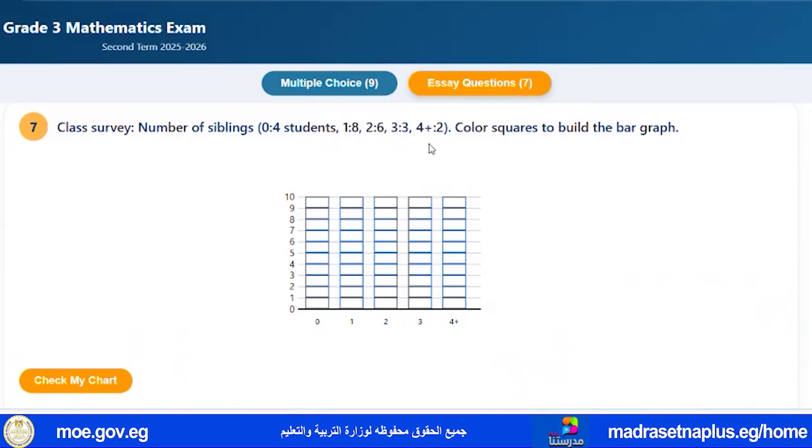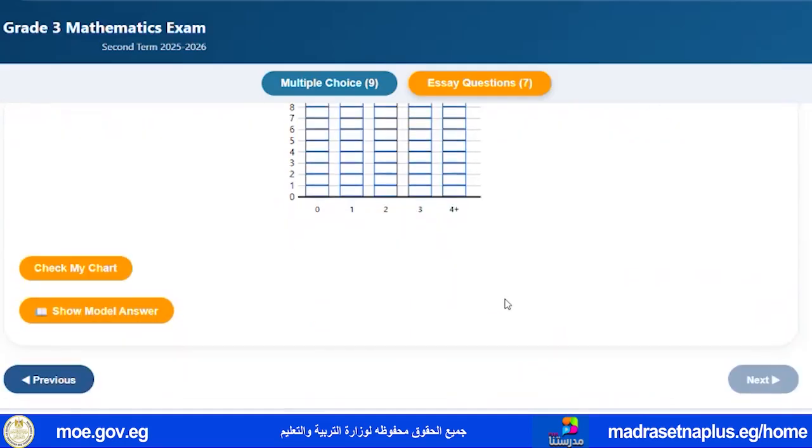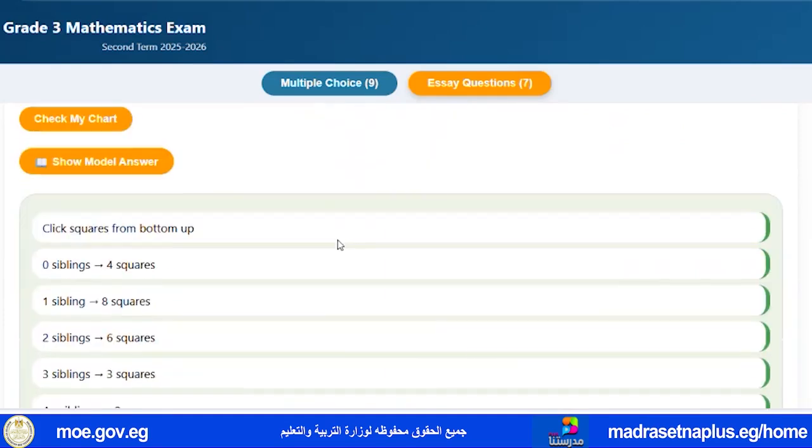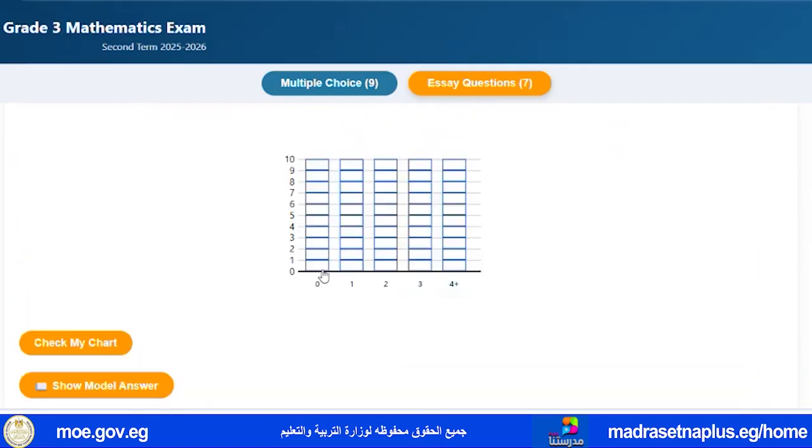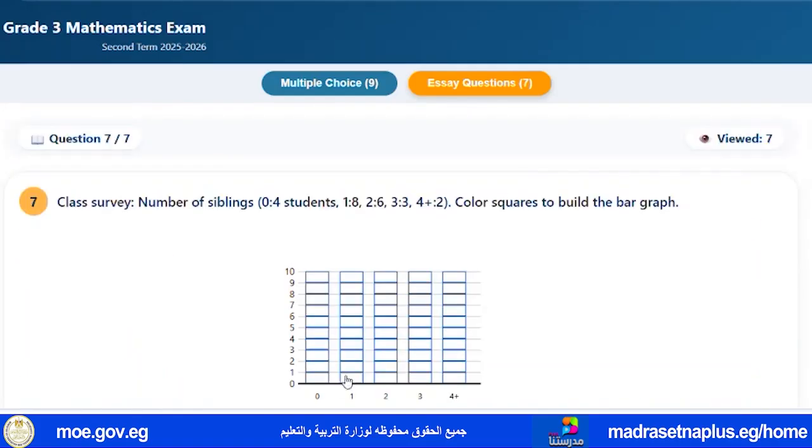More than 4 siblings, you can color 2 squares here. Okay, you can use your crayon. Just color them. 0 siblings, color 4 squares. 1 sibling, color 8 by using your crayons, and so on and so forth.